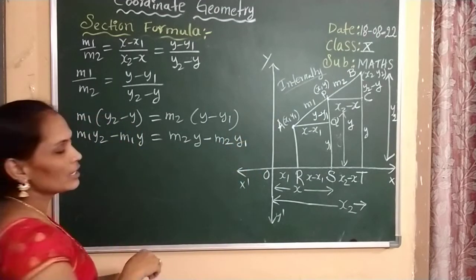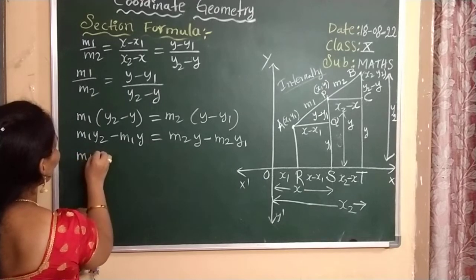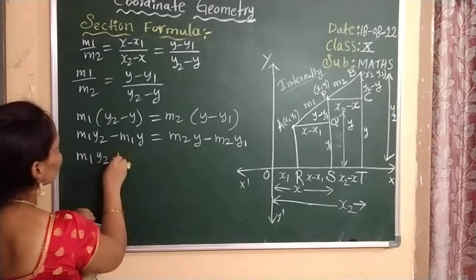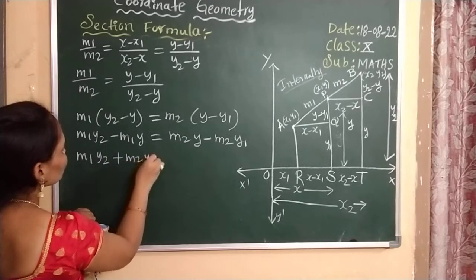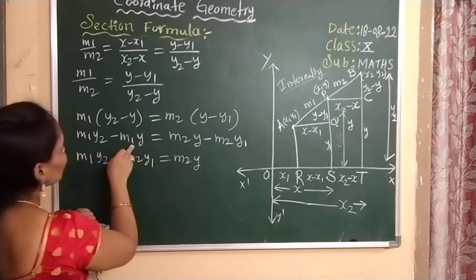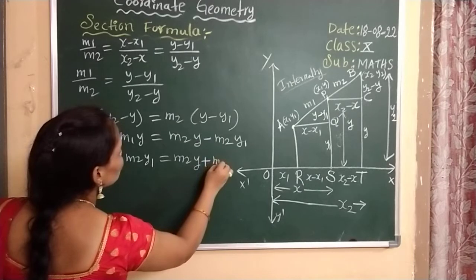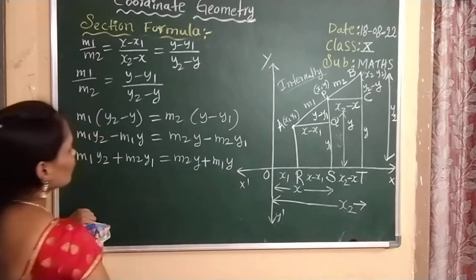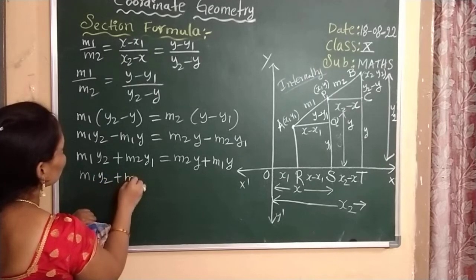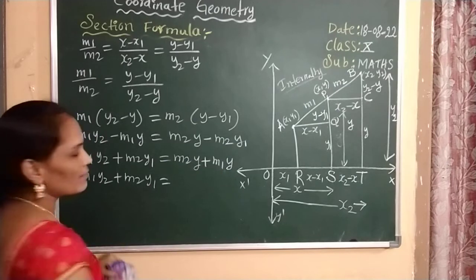The same way, take the minus terms' transpose. m1 y2, the minus term moves to this side, plus m2 y1, is equal to m2 y. Here the y term I am taking transpose, so it becomes plus m1 y. Now m1 y2 plus m2 y1 is equal to y common in these two terms, right?